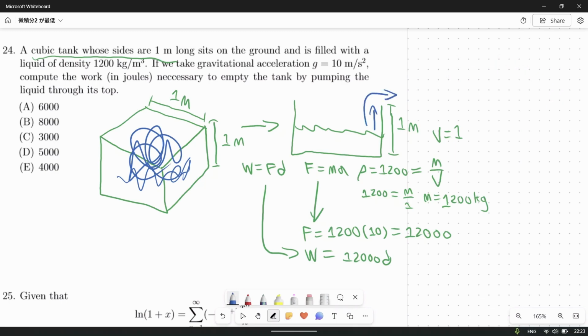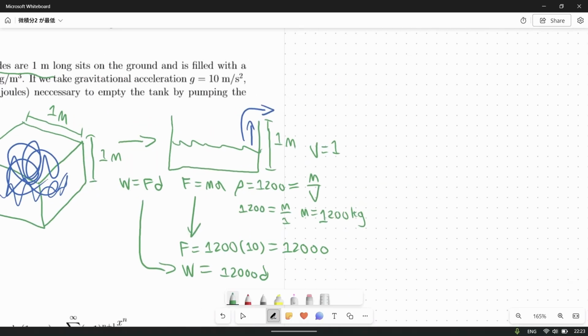With that in mind, we can model the distance we need to travel as d equal to 1 minus y.